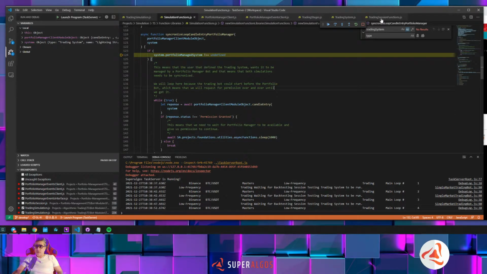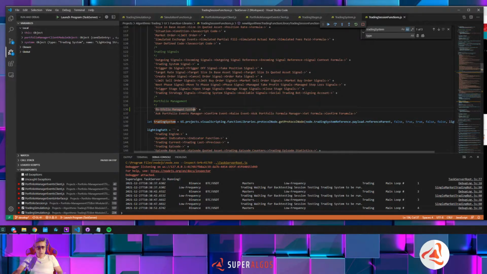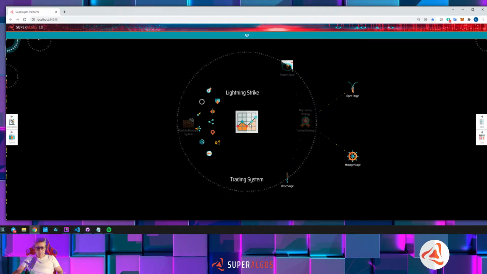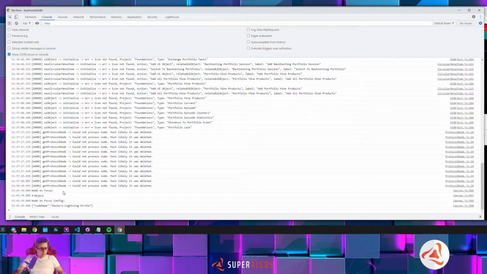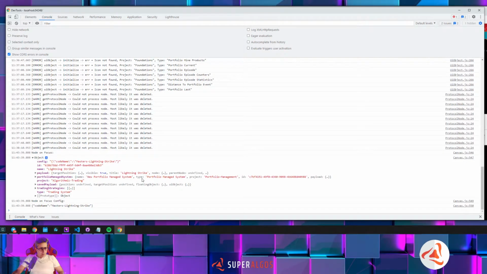Okay, so this didn't work. Portfolio manage system.